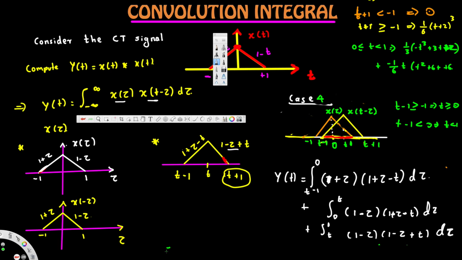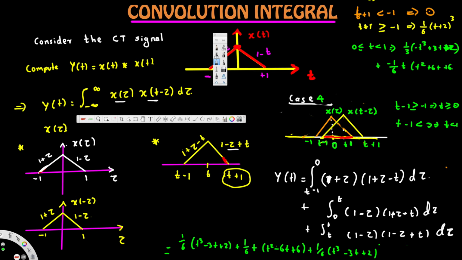After we do this integration, this is going to become 1 over 6 t cube minus 3t plus 2, plus 1 over 6 t square minus 6t plus 6, plus 1 over 6 t cube minus 3t plus 2.